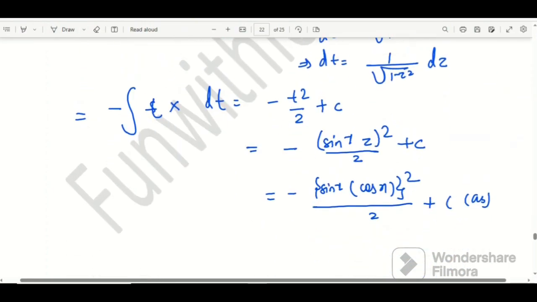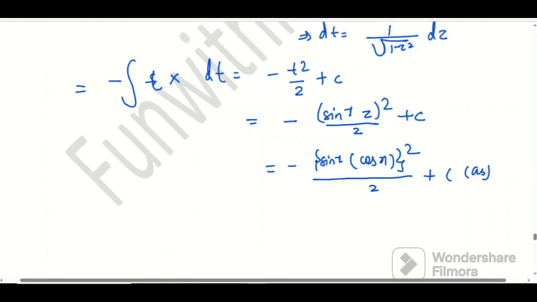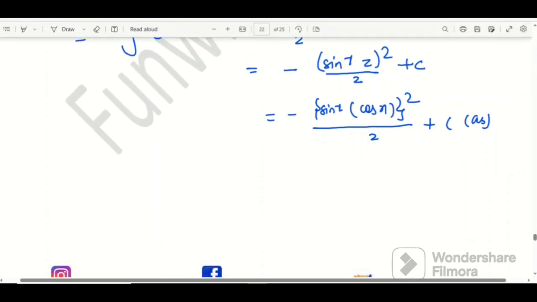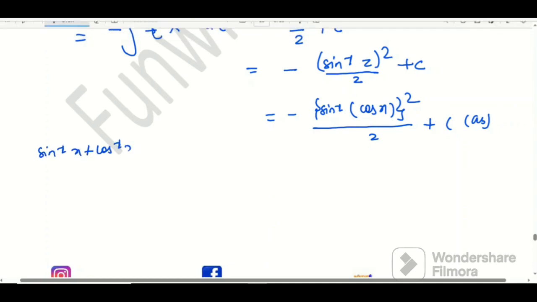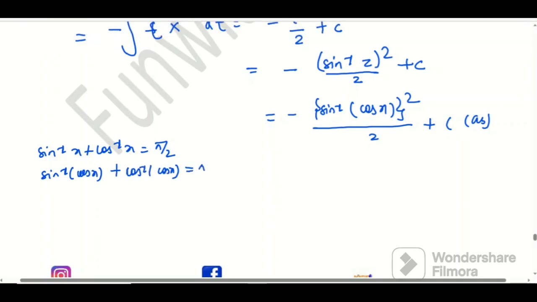If we want to simplify more, we can use from here the property of inverse trigonometric function. Yes, the property of inverse trigonometric function is sin inverse x plus cos inverse x equal to pi by 2. So if I want to replace this with cos in the form of cos inverse x, I will get sin inverse cos x plus cos inverse cos x equal to pi by 2.